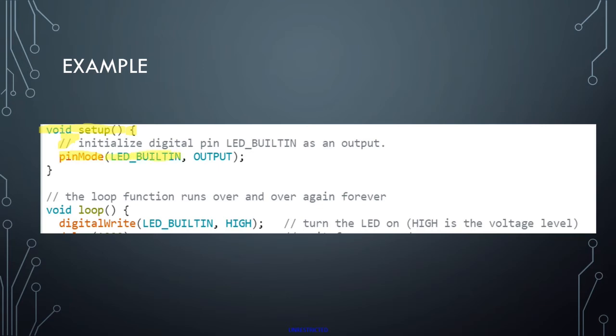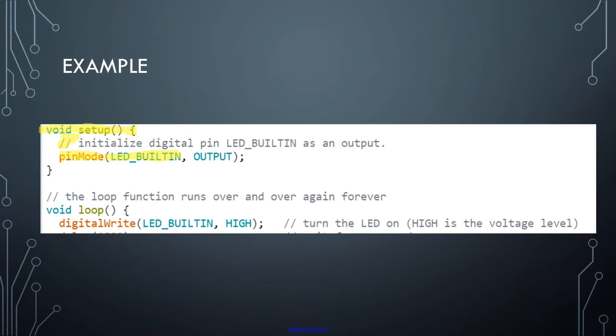Now you'll notice here, where I've highlighted, I'm not using a pin number. I'm actually using LED_BUILTIN. Something that's unique about the Arduino Uno is that it has a built-in LED that's connected to pin 13.